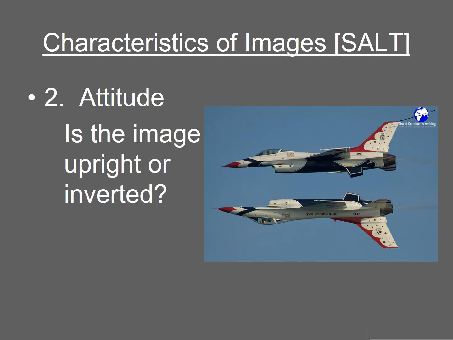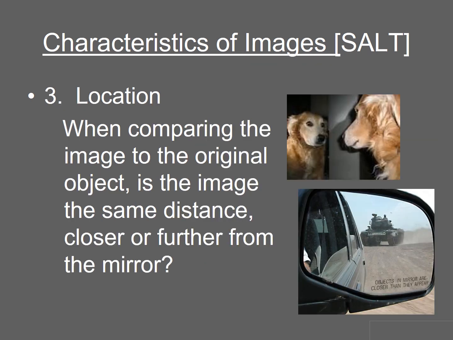Second one is something called attitude, and it's about the image being upright or inverted. You can see here that at least it appears that this image is upside down, so it would be inverted. Some images are inverted and some are just normal, which we consider to be upright. Third is location, and we're going to compare the distance of the image and the object to the mirror.